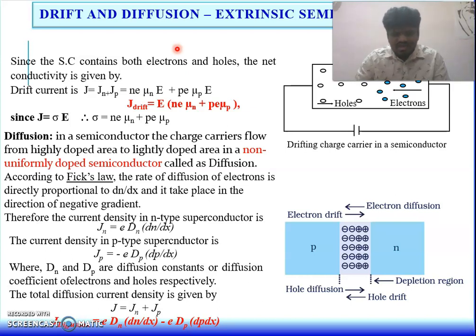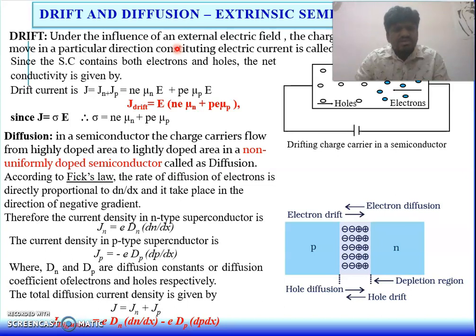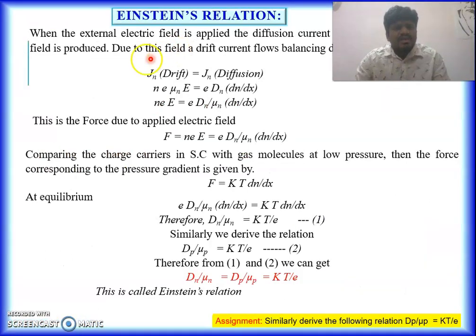Next we are moving to the Einstein relation. When an external electric field is applied, the carriers, which were random, are directed unidirectionally. Due to that, an internal electric field is produced.